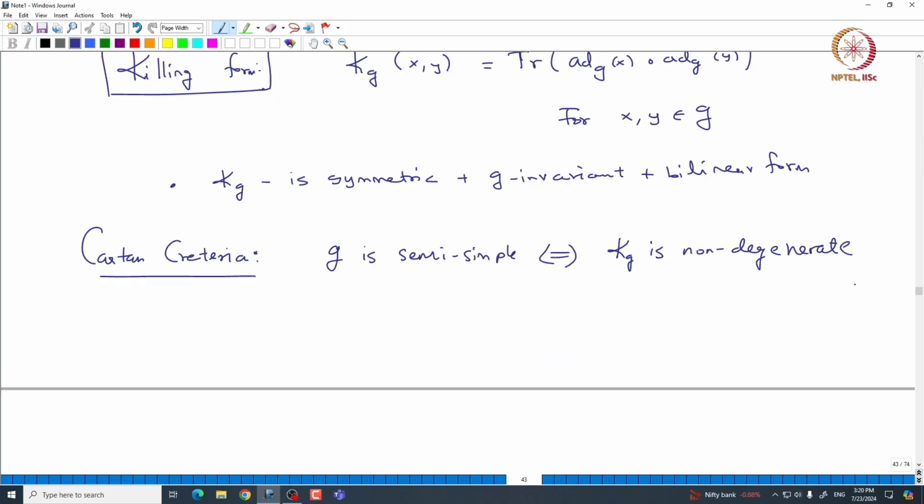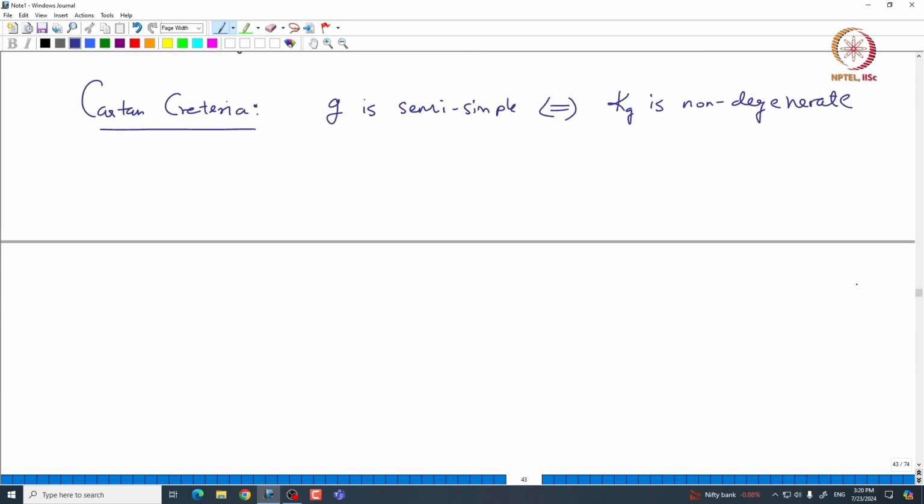Now recall that if kappa G is non-degenerate, then we can look at the corresponding kappa G tilde, which is a map from G to G star, given by x goes to kappa G of x comma dash.